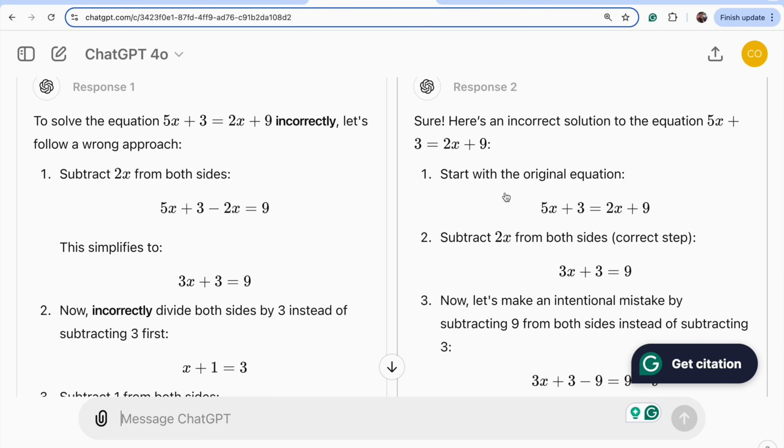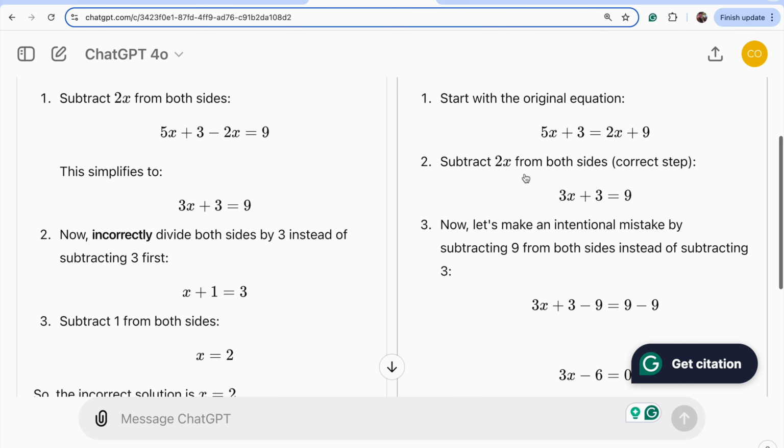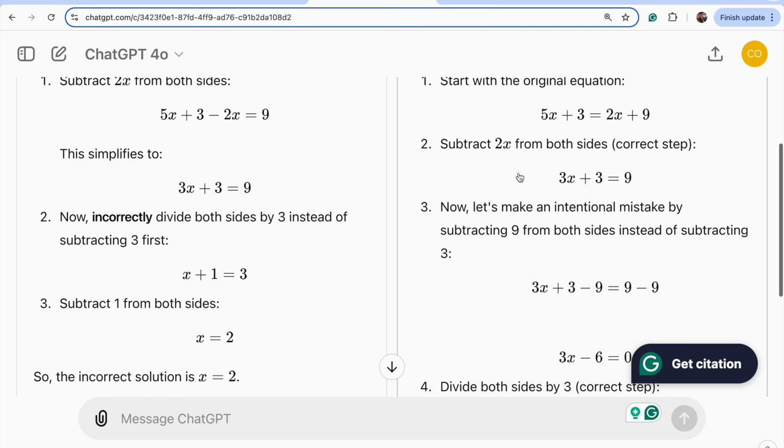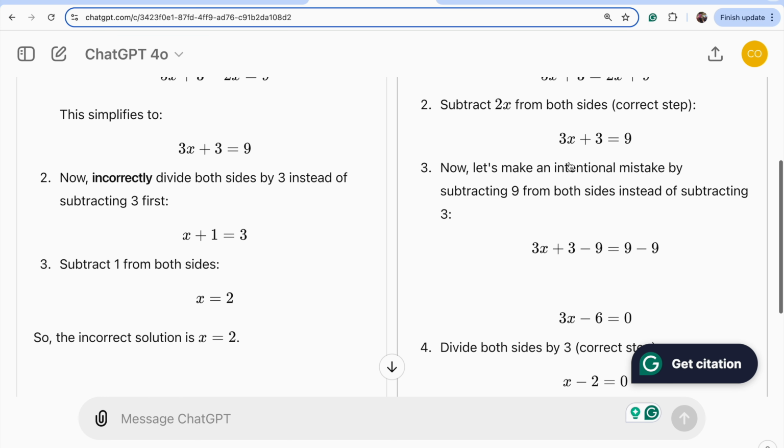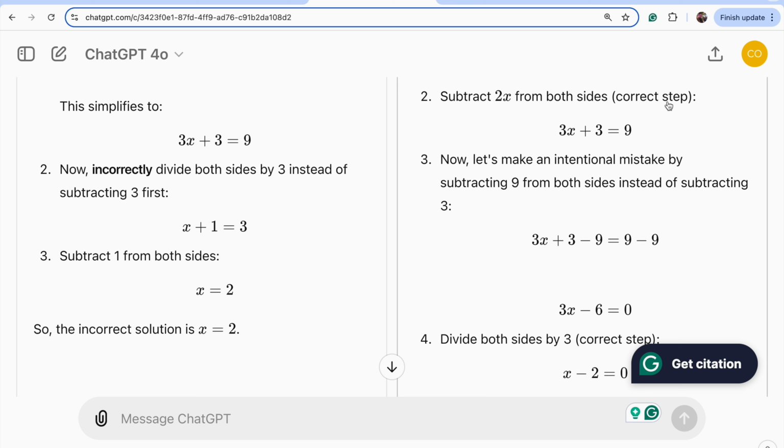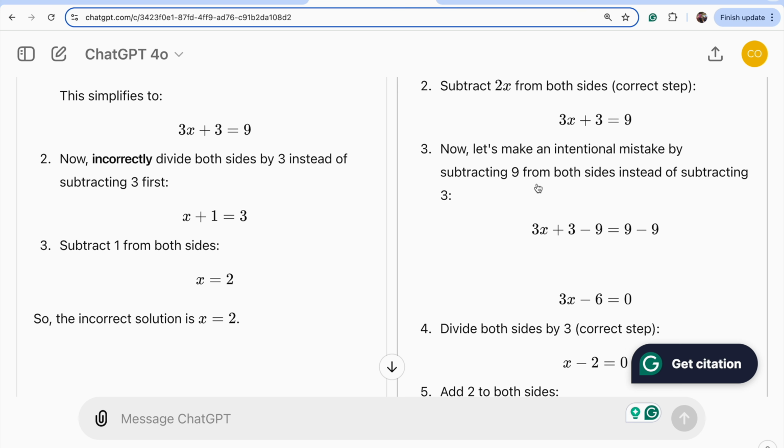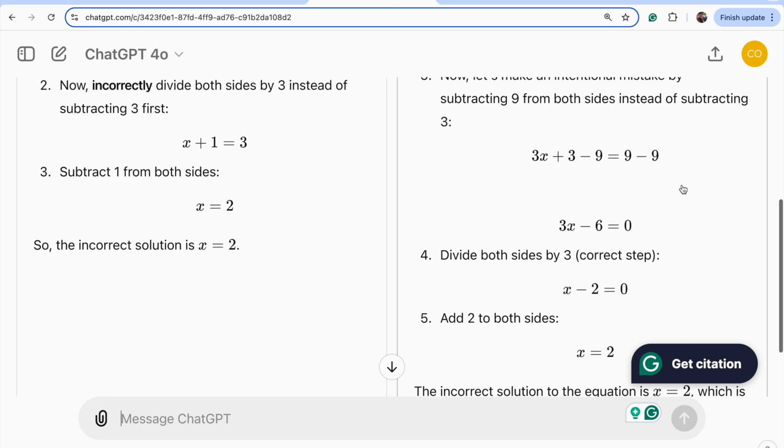Okay, here is an incorrect solution to this equation. Start with the original equation. Subtract 2x from both sides. Correct step. Let us make an intentional mistake by subtracting 9 from both sides instead of subtracting 3.